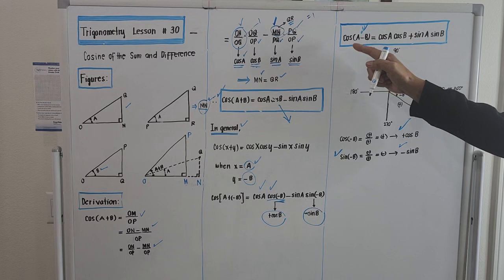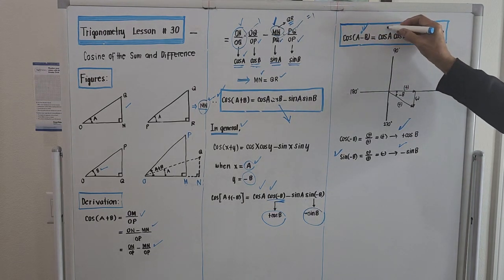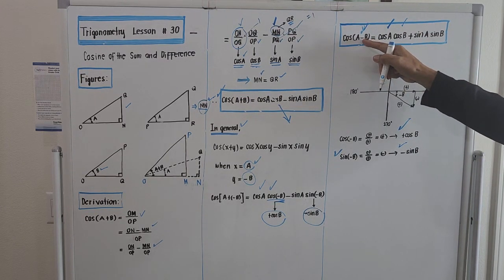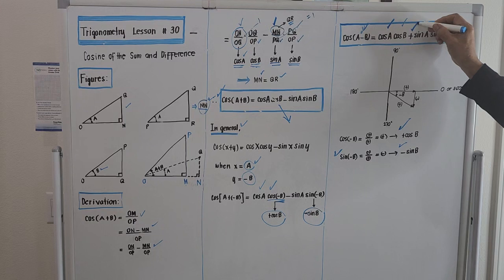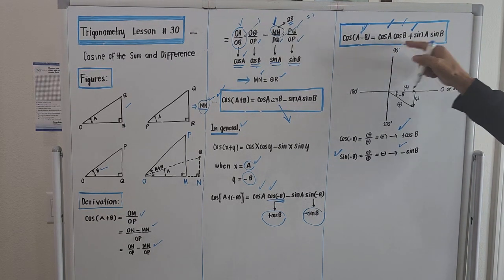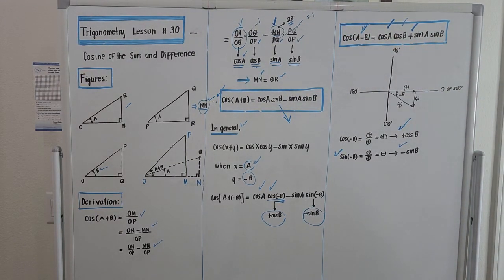Therefore, in general now, the cosine of the difference a minus b will be the cosine of the first angle, cosine of the second angle. If this is minus, this should be plus, sine of the first angle, sine of the second angle. Cosine, cosine, sine, sine. If this is minus, this should be plus. How come it is plus? It is like this.